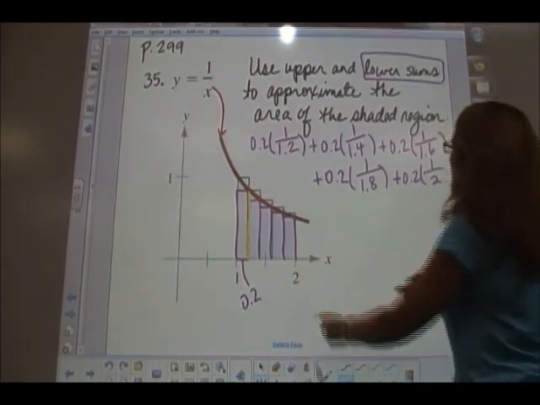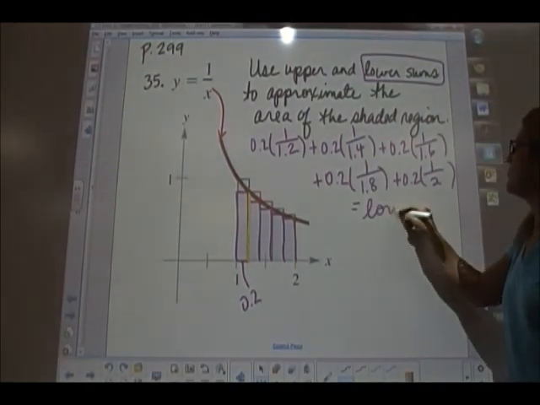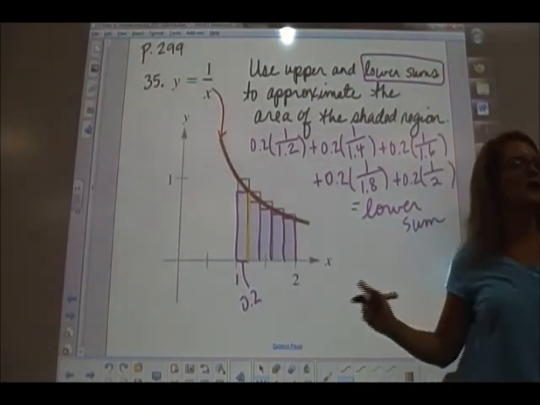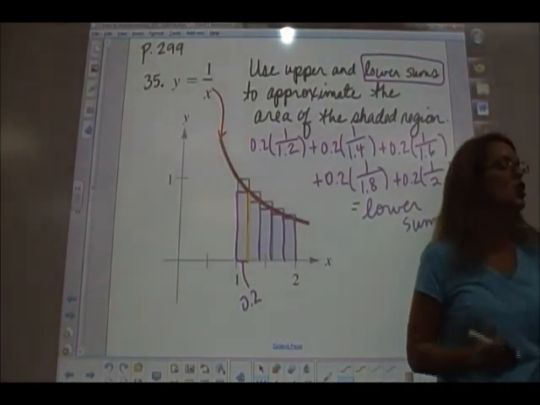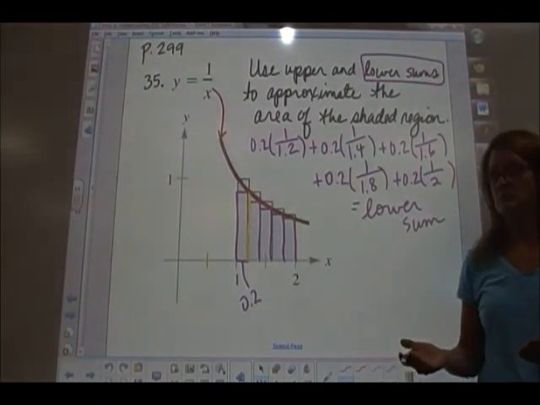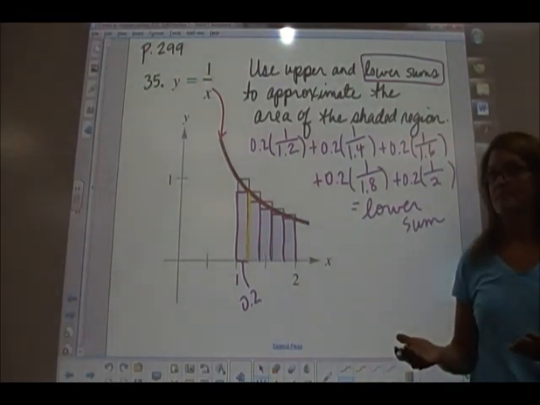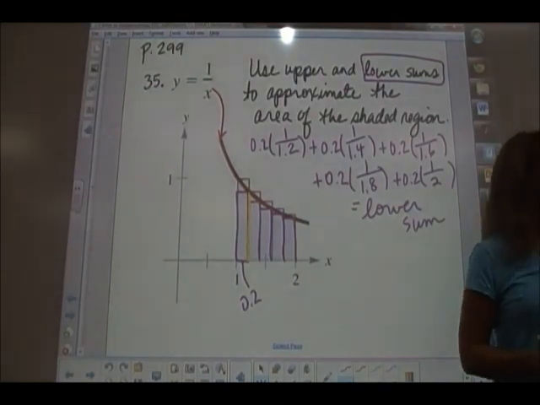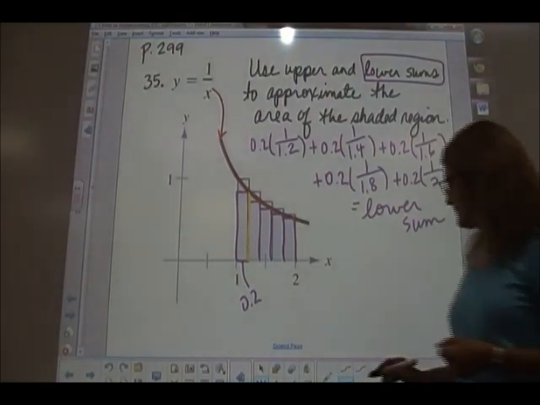And this is going to give me a lower sum. It's going to give me an approximation for the area under that curve, but it's going to be too small. Okay? So now what about the upper sum? I'll draw the upper sum rectangles in green.